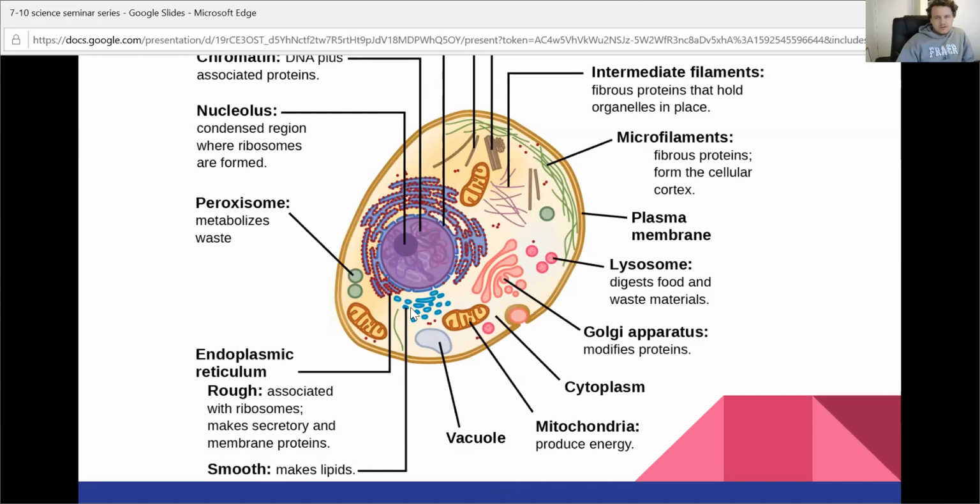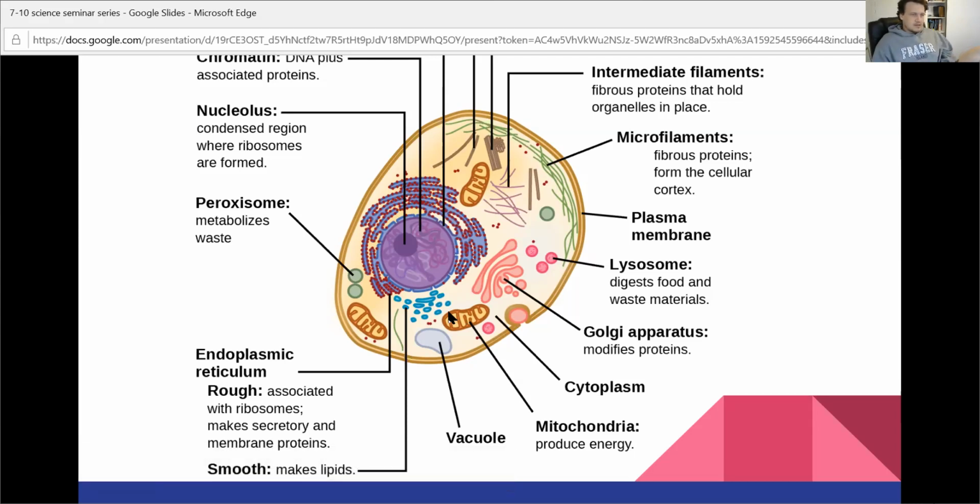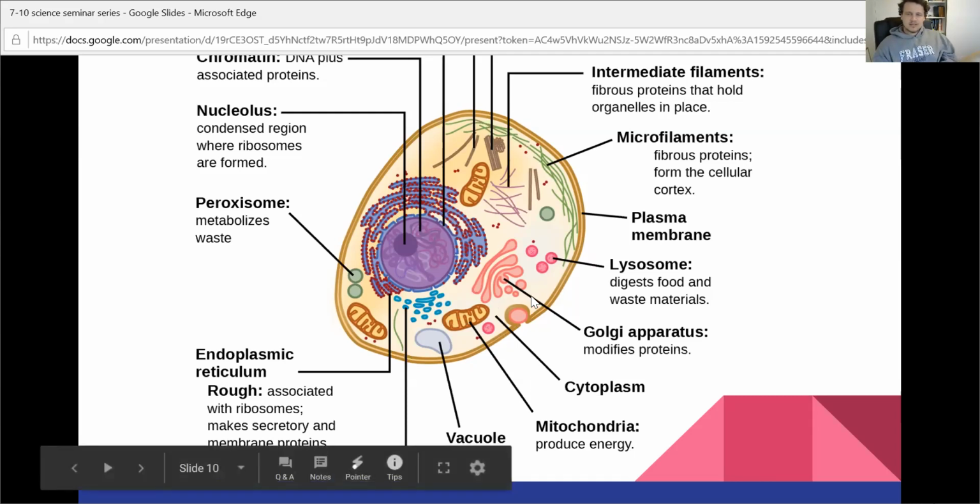Then we have the smooth endoplasmic reticulum, which is where lipids are made. Vacuole, and the mitochondria is probably the one you've heard of. It's also called the powerhouse of the cell. And that is where it takes glucose, oxygen, and a number of other things and produces CO2 and water. So in the cytoplasm, which is all of the space that isn't filled.